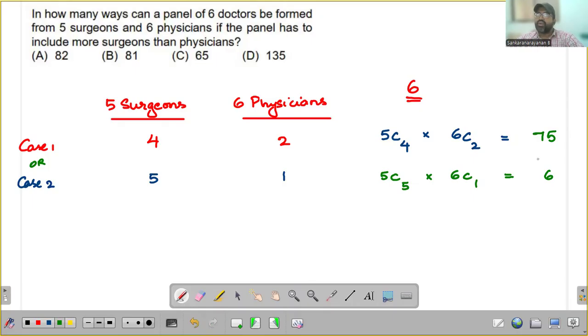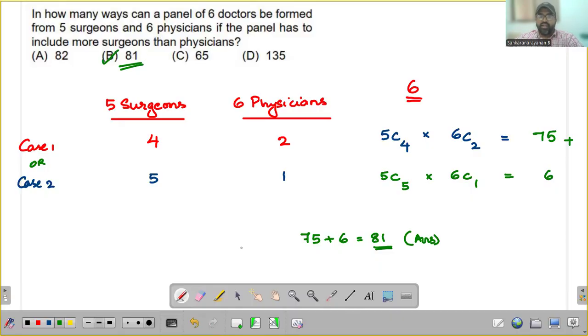Total number of ways, it may be 75 ways or it may be 6 ways. It's or. Or means it's addition. So you have to do 75 plus 6 and that is equal to 81. So as far as this question is concerned, option B reads 81. 81 is my final answer.